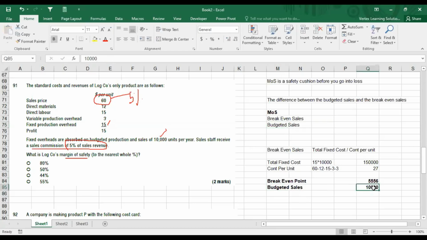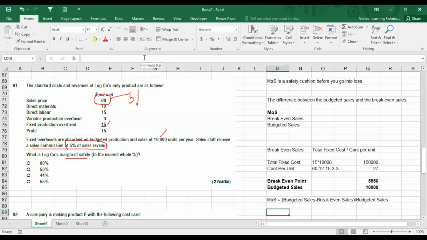Now you know that your break even is 5,556, budgeted is 10,000, and here comes your margin of safety formula. The margin of safety formula says budgeted sales minus break even sales, let me put it in brackets so that we do not ignore, and close the bracket, and divided by your budgeted sales.